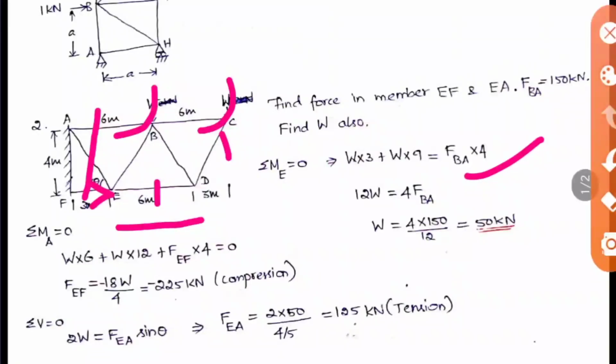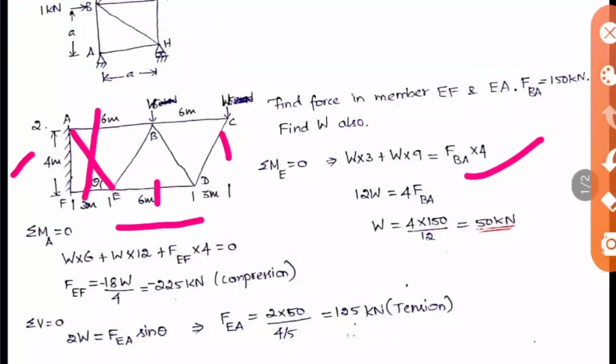Then I am taking vertical reaction equal to 0, because the only thing left out is FEA, so we can directly find that with the vertical reactions. Only two vertical reactions are there, so 2W is equal to FEA into sine theta, because it is vertical. Sine theta is opposite side by hypotenuse.